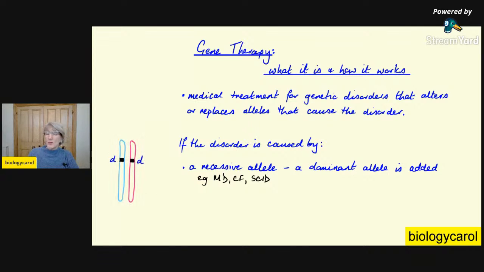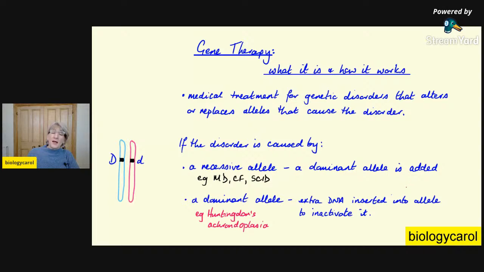So this is what the genotype looks like. The individual has inherited a recessive allele from both their father and their mother. But if a dominant allele causes the disease, then often an extra bit of DNA is inserted into the allele in order to make it inactive.